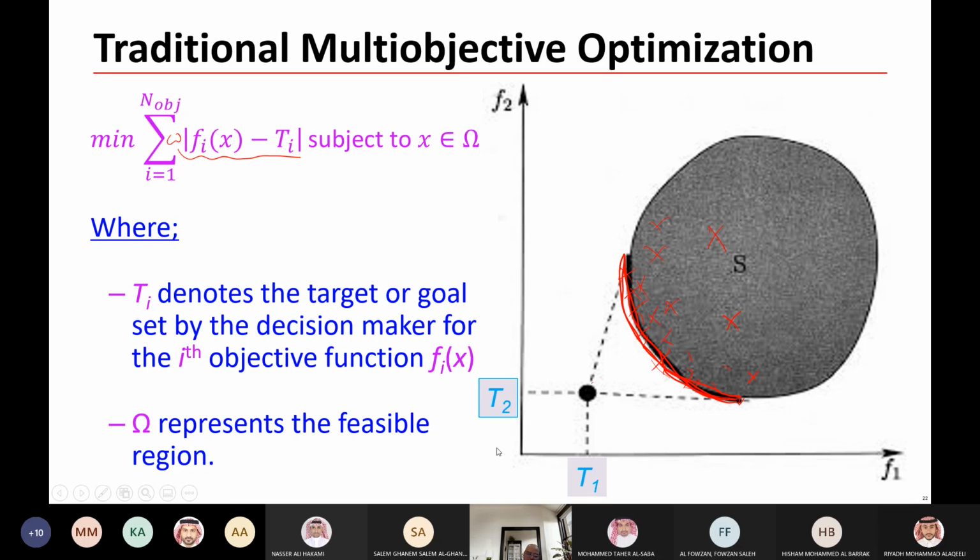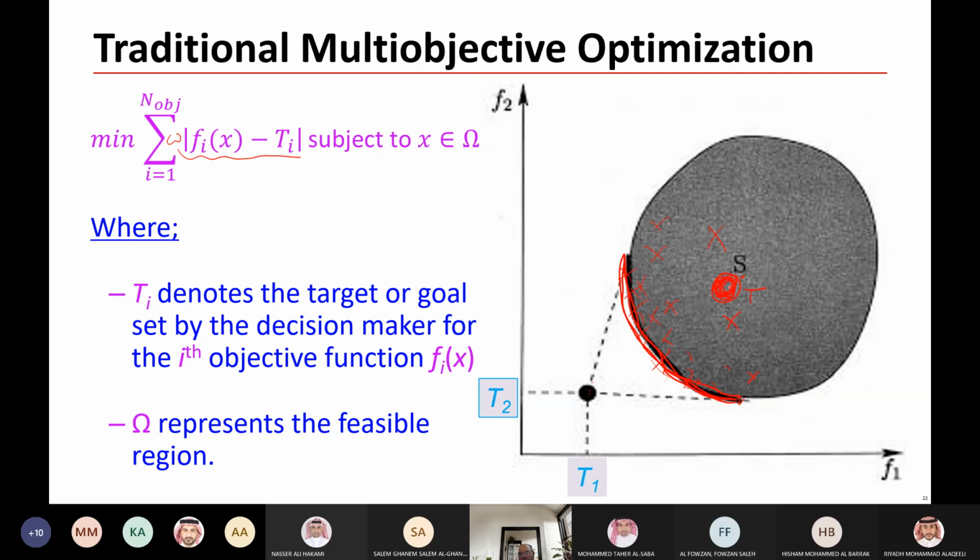Okay? Is it clear? Of course, the limitation of this method is you have to have knowledge about the search space. Because if it happens that the target is here, if this is your target, in this case you end up with very bad solutions.